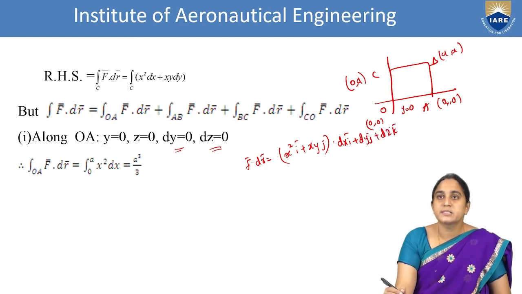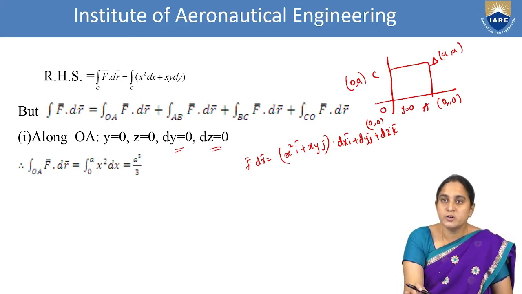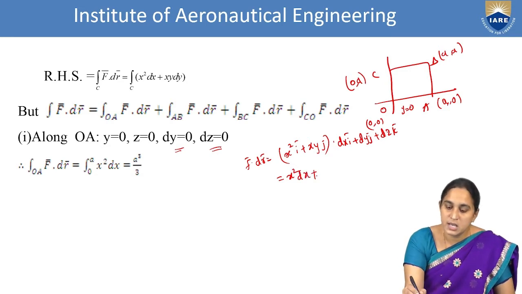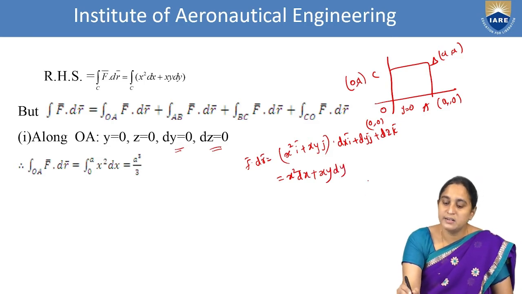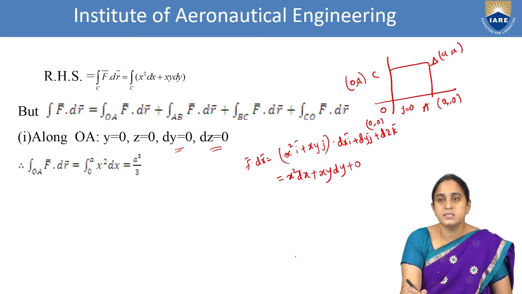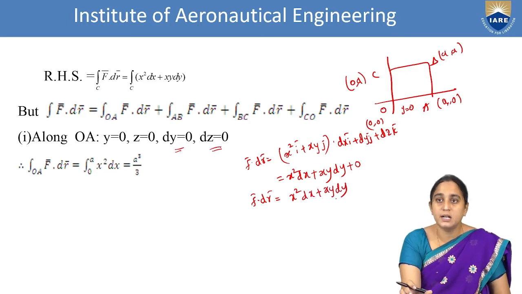Then the dot product of the two vectors: the i coefficient is x squared into dx, plus the j coefficient xy into dy, and the k coefficient 0 into dz. Therefore, F dot dr is equal to x squared dx plus xy dy.